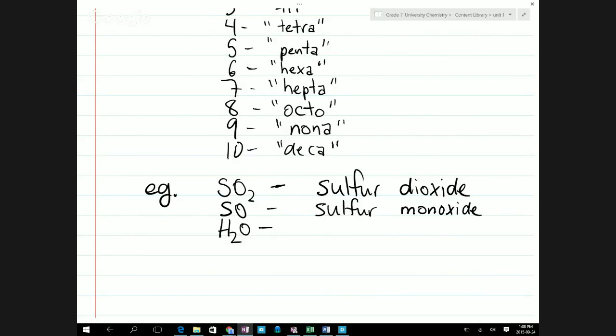Okay, so it'd be dihydrogen. It doesn't sound good, does it? You can see why they named it water. Dihydrogen monoxide. Good.